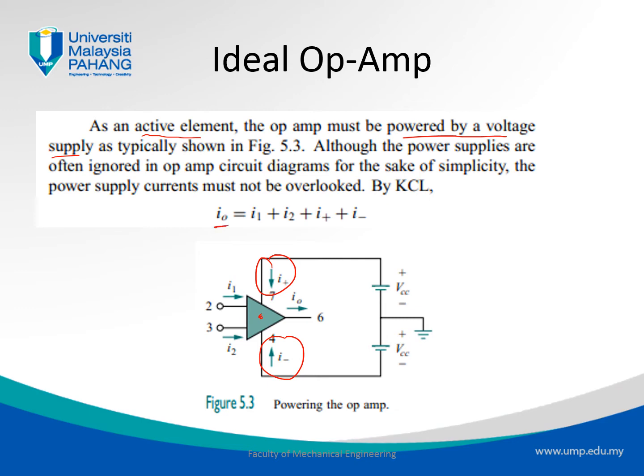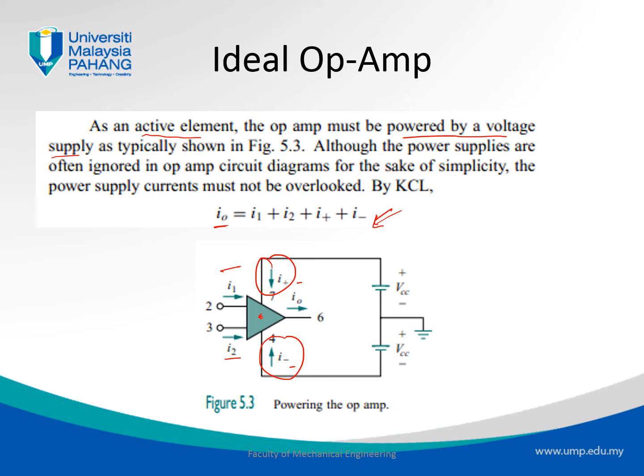The output current at terminal 6 is equal to I1 plus I2 plus I plus minus I minus. But nonetheless, we don't really look into this when we do calculations of the input and output.